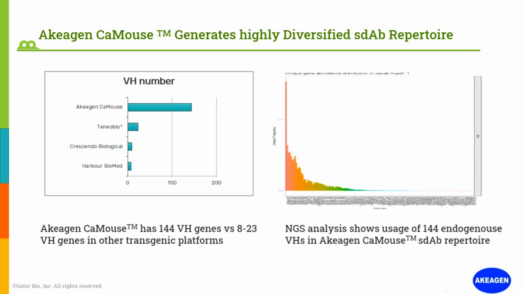We did next generation sequencing for all the VH from the mouse. As we can see in the left panel, all 144 VH genes really can generate single-domain antibodies in the camel mouse.